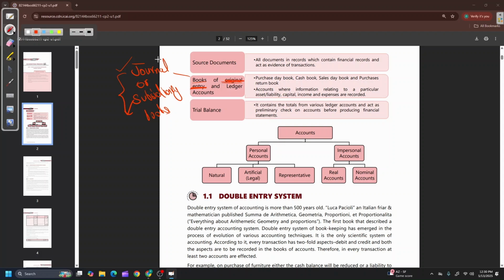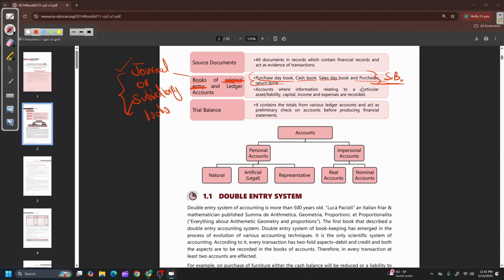It can come in any form. They can ask you in a true or false question that journal is the book of original entry, true or false? Okay. So look, purchase day book, cash book, sales book, purchase return book: these are the types of subsidiary books.